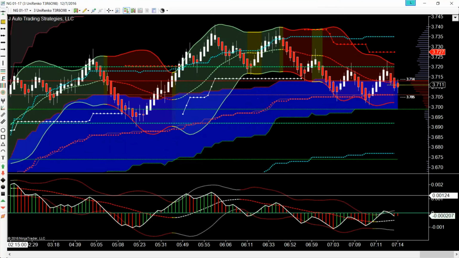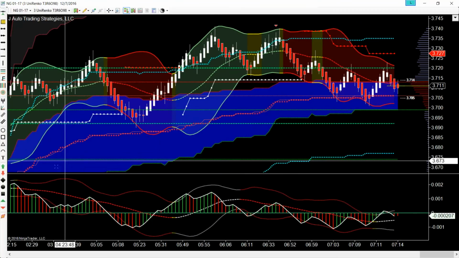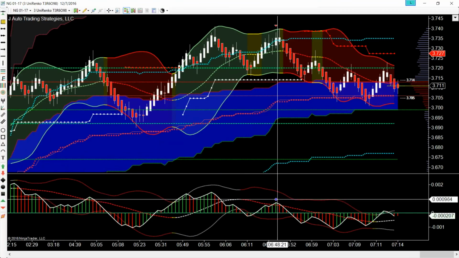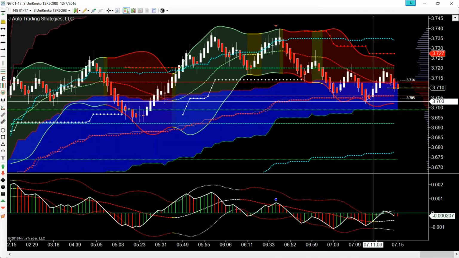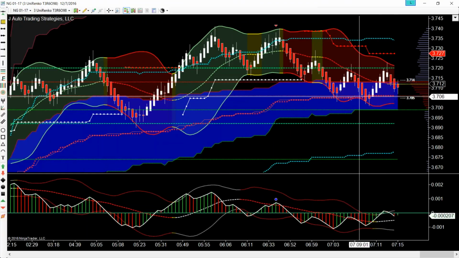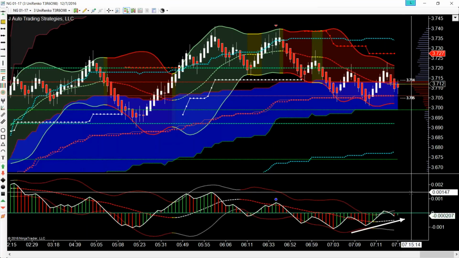Right here was the test of the high, and here was the down divergence. So the market came back to the VWAP and is sort of sitting here at the moment with a little bit of an upward momentum bias.